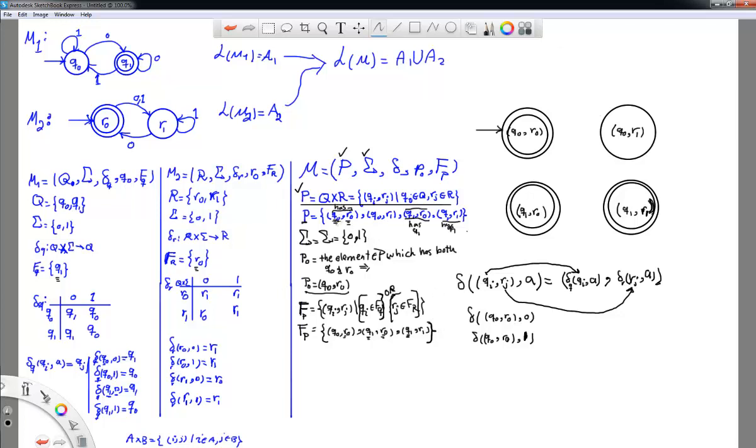So I do the delta Q sub 0 R sub 0 for 0, delta Q sub 0 R sub 0 for 1, then delta Q sub 0 R sub 1 for 0, then delta of Q sub 0 R sub 1 for 1, and I have 4 more to go.